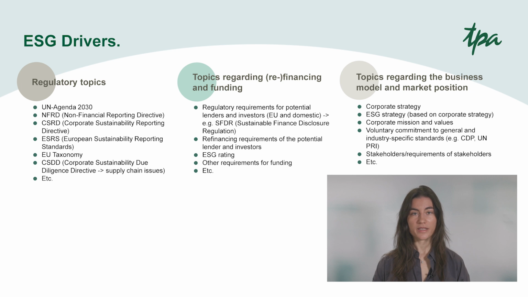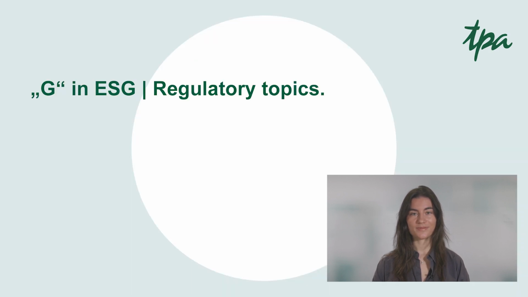Moreover, there are ESG topics that companies are confronted with due to financing and funding. Finally, there are ESG issues that a company deals with in order to position itself in the market. We will have a closer look at each of these drivers from a governance perspective, starting with regulatory topics.